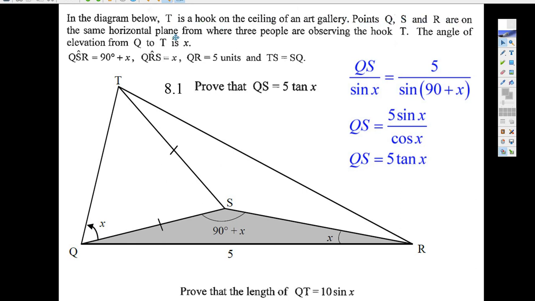Q, S, and R are on the same horizontal plane, and they made it in a nice grayish blue so you can see the plane that's down here. They've got two sides being equal, TS and QS. They say the angle of elevation from Q to T is X, so that little angle in there is X. And they tell us that QSR is 90 plus X degrees, right where QSR, that angle right there.